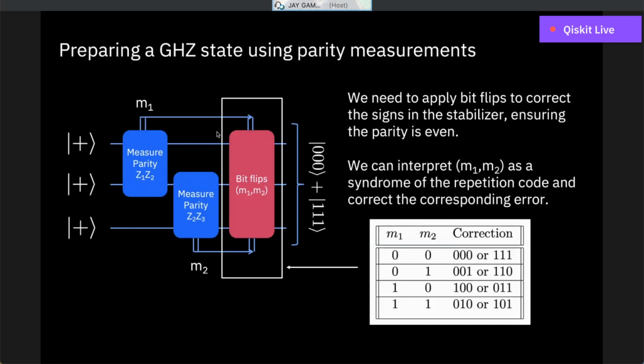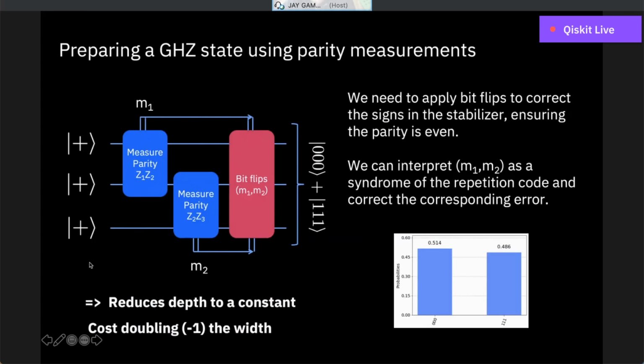But you can see, I could imagine using this as a resource that allows me to take some superposition and create an entangled state. And what happens is now you can see I can reduce the depth of this circuit to constant and not require the linear depth that I talked about.